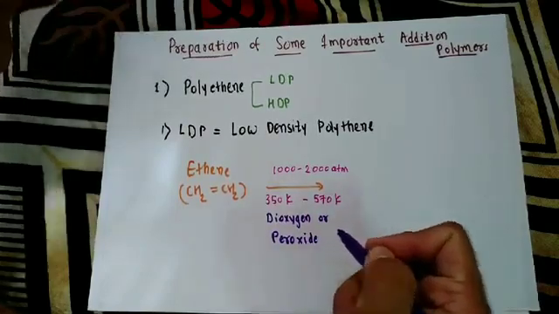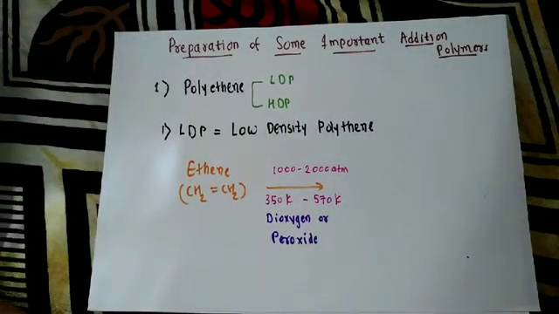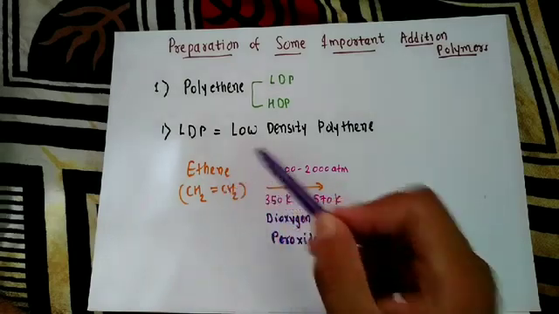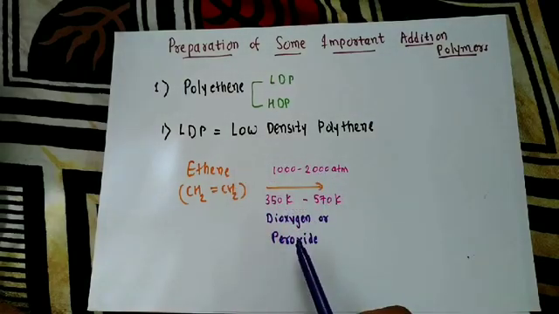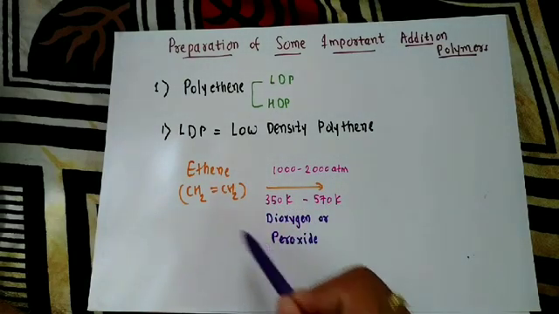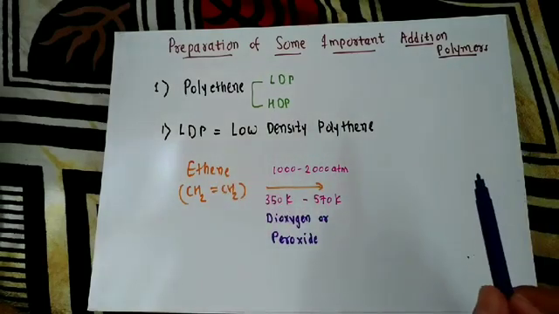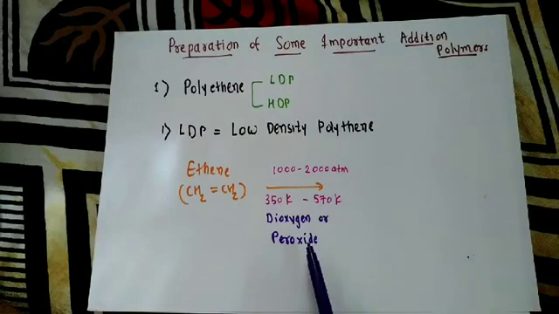Yesterday we had discussed the free radical mechanism by which ethene can be converted into polythene. Here peroxide acts as an initiator. Initiator means it provides free radicals for the mechanism. In short, peroxide is a catalyst.